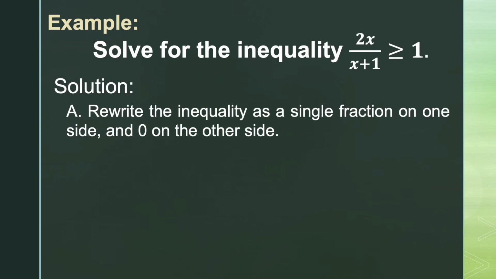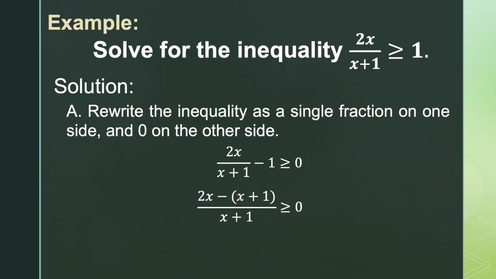Subtracting 1 on both sides, we have 2x over x plus 1 minus 1 is greater than or equal to 0. Since we have x plus 1 as LCD, we have (2x minus (x plus 1)) over x plus 1 is greater than or equal to 0. Hence, (x minus 1) over (x plus 1) is greater than or equal to 0.